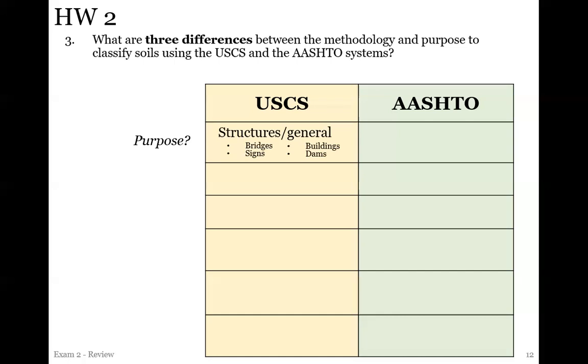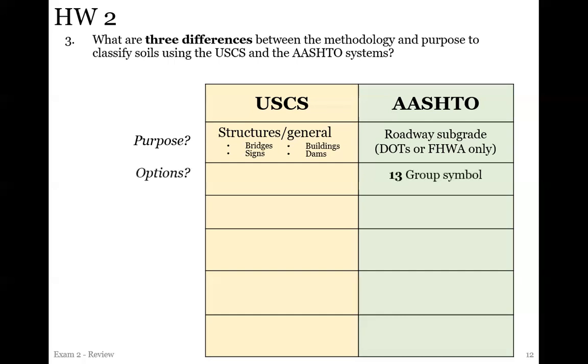Like I said before, overhead signs like toll gantries, bridges, MSE walls, although they make up a road, you still use the USCS. So the AASHTO is just for the subgrade. So when the only loading is going to be from a car or from a train or something like that, DOT and FHWA only will use your AASHTO classification.